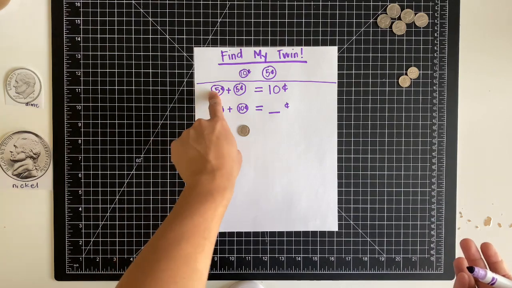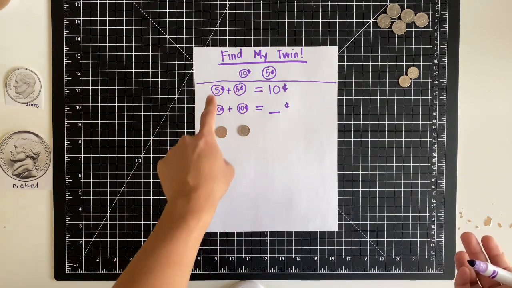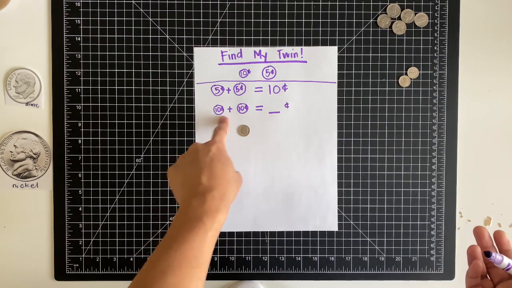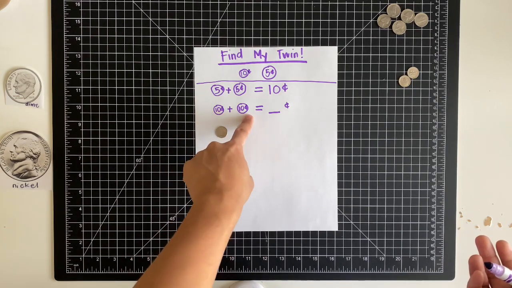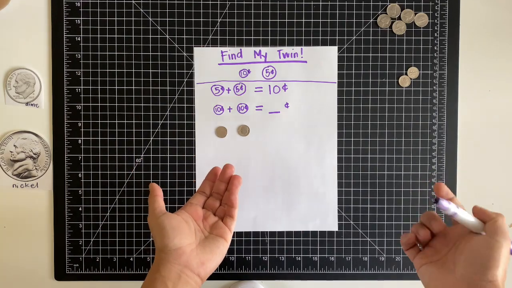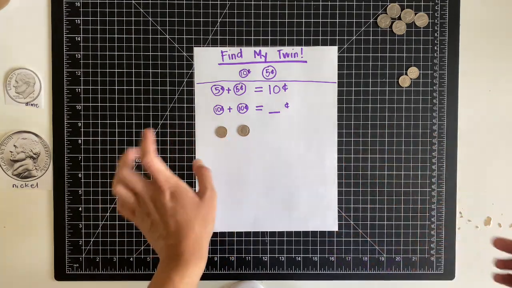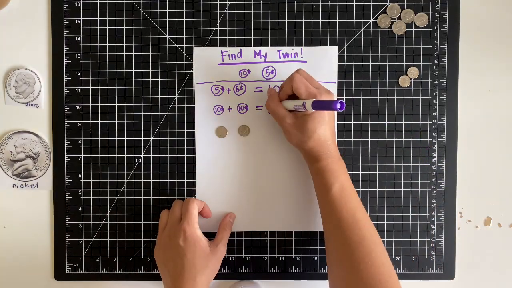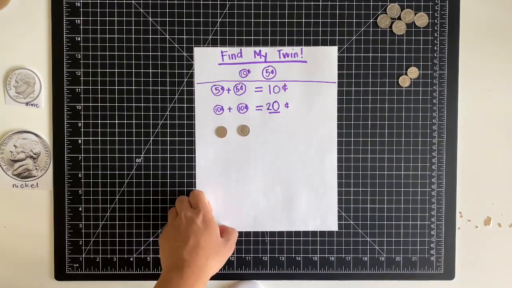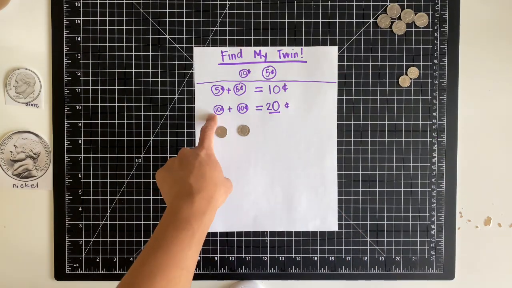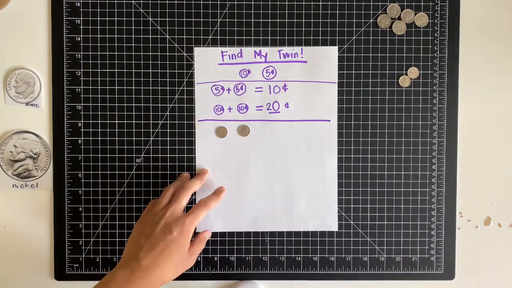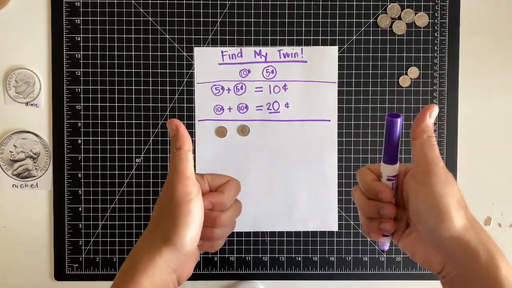This was a group of 5 and another group of 5. Are we going to skip count by 5s here? No, these aren't groups of 5s. They're groups of 10. So that means I'm going to skip count by 10s. Watch. 10, 20. 10 plus 10 is 20 cents. Good thing I know my songs. Cool. Great practice, friends. I'm going to draw a line here, and now we can move on to the next part of our game.